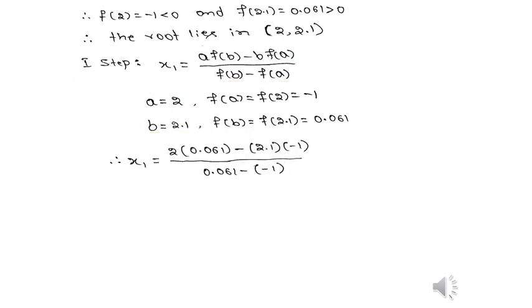If you substitute, it looks like this, and if you use the scientific calculator and simplify this, you will get this new root x1 as this. Now let us find f of x1, so that we can further reduce our range.